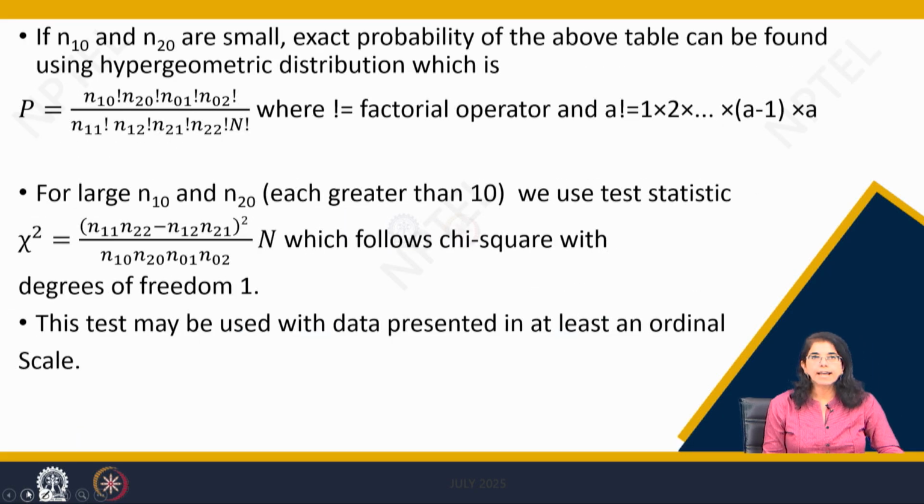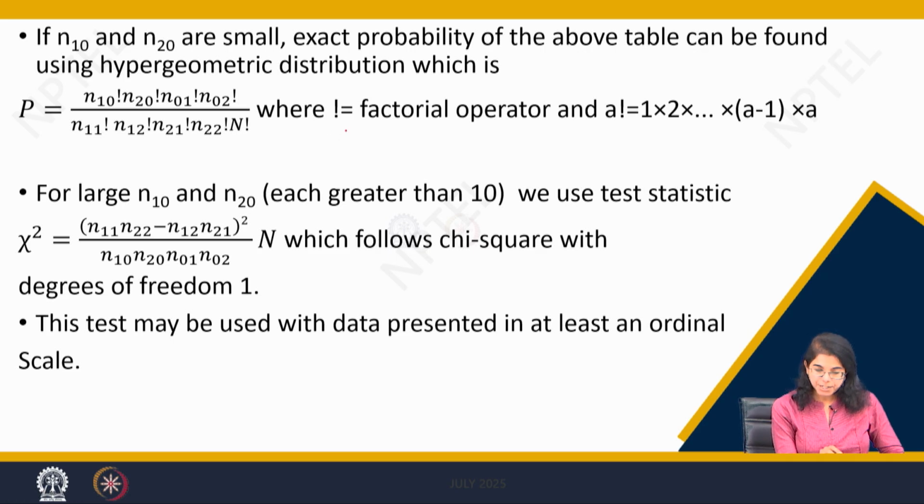If n10 and n20 are small, the exact probability of the above table can be found using the hypergeometric distribution, which is n10 factorial, n20 factorial, N01 factorial, N02 factorial, all divided by the cell frequencies n11 factorial, n12 factorial, n21 factorial, n22 factorial, and N factorial, where N is the total number of observations in the combined sample.